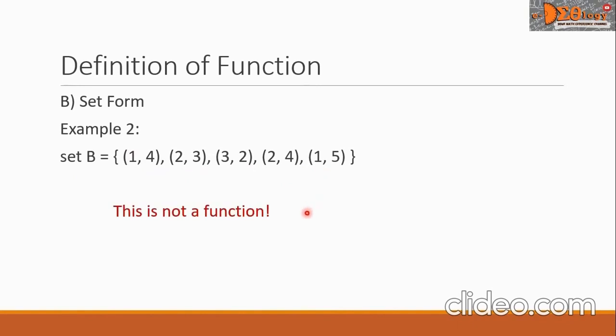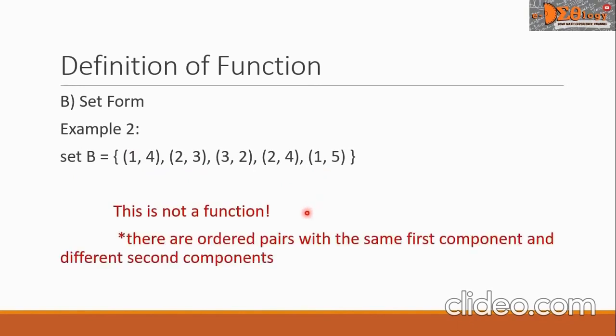This is not a function because there are ordered pairs with the same first component and different second components. Example, the (1, 4) and (1, 5). So we will not take the domain and the range anymore. This is our final answer.